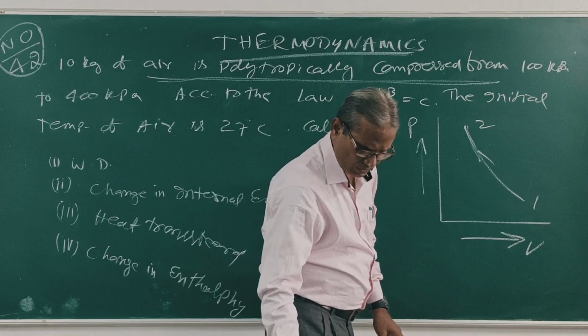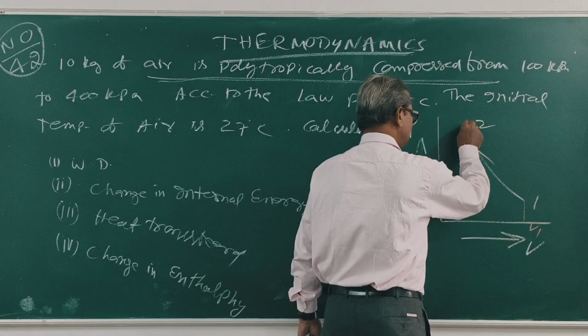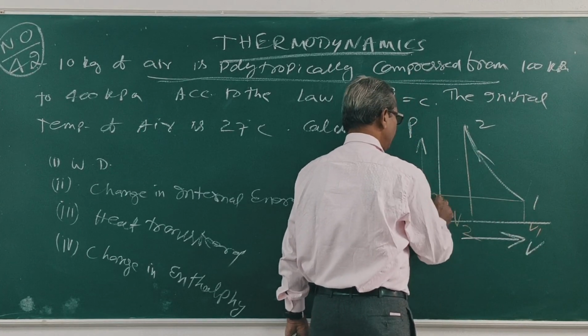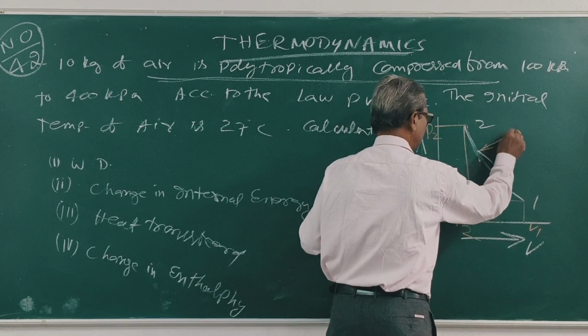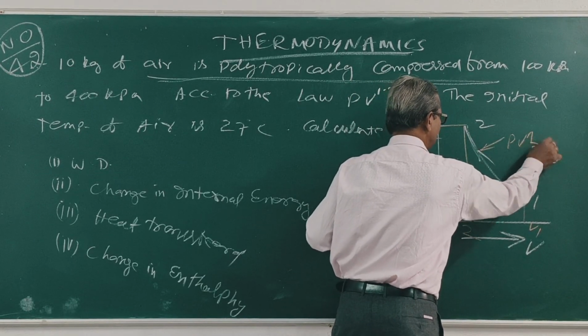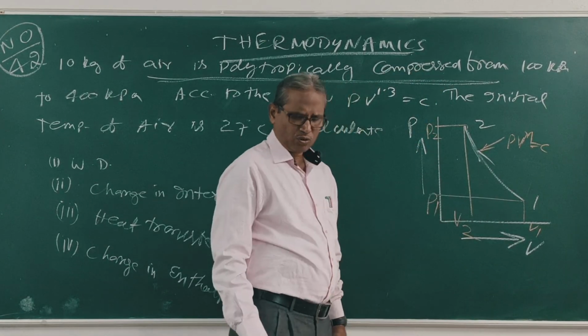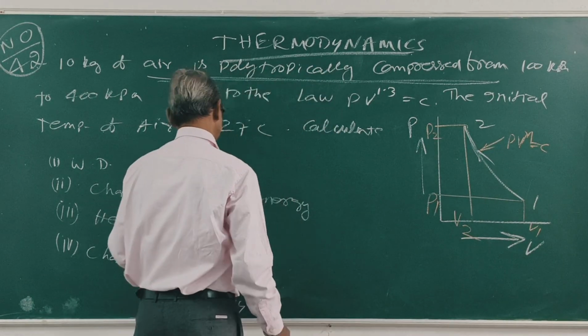This is V1, this is V2, this is P1, this is P2. The law is Pv to the power n is equal to constant. Clear?